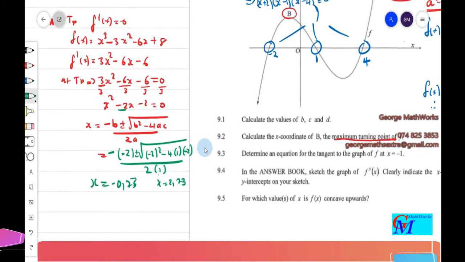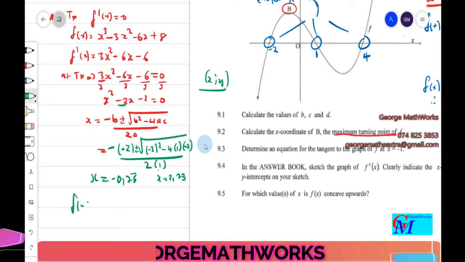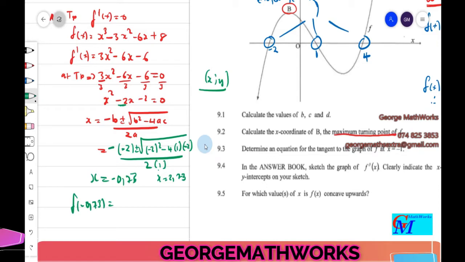Since it's a turning point, we need coordinates. Whenever they mention a point, it is denoted by x, y. So now we need to find the value of y when we have x equal to negative 0.73. So we are substituting in the original equation.